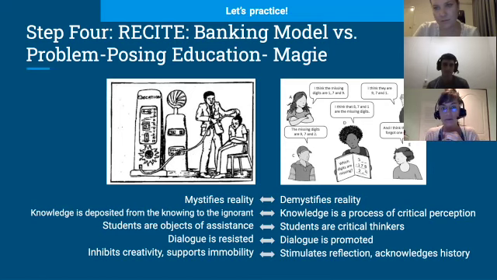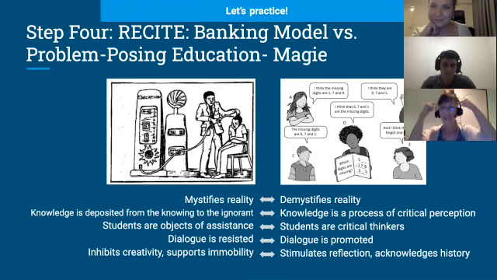So the problem posing model acknowledges people in a history that's in process, whereas the banking model has truths as a more fixed concept. So I was able to take these two big concepts and boil them down to the main points with some images in order to really make this concept stick in my brain. So that's my insight. Who's next?